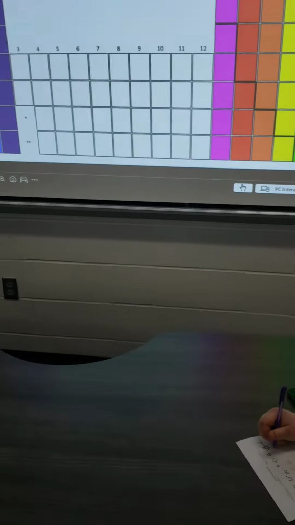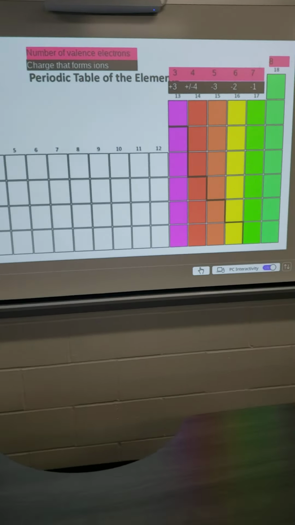So if you have your periodic table out, you can reference your periodic table and then look back at this slide to see the number of charges. You can use other elements than what I put on there too if you want. I don't care. Because you should be able to figure out how many dots to put on that Lewis dot structure.